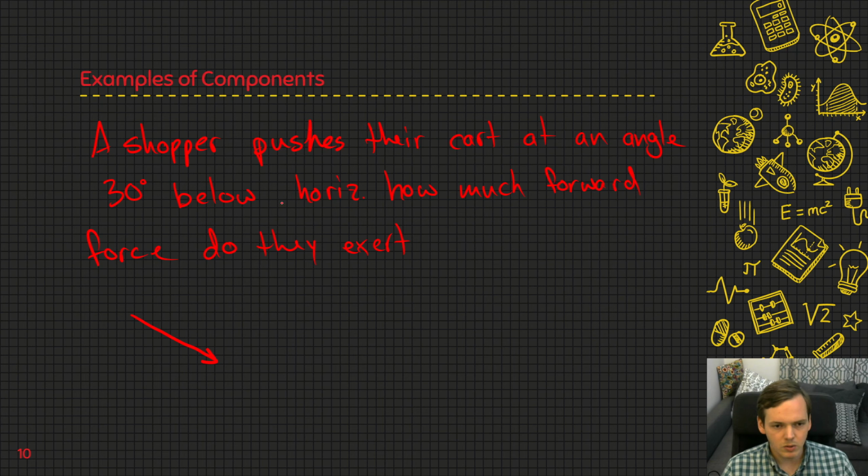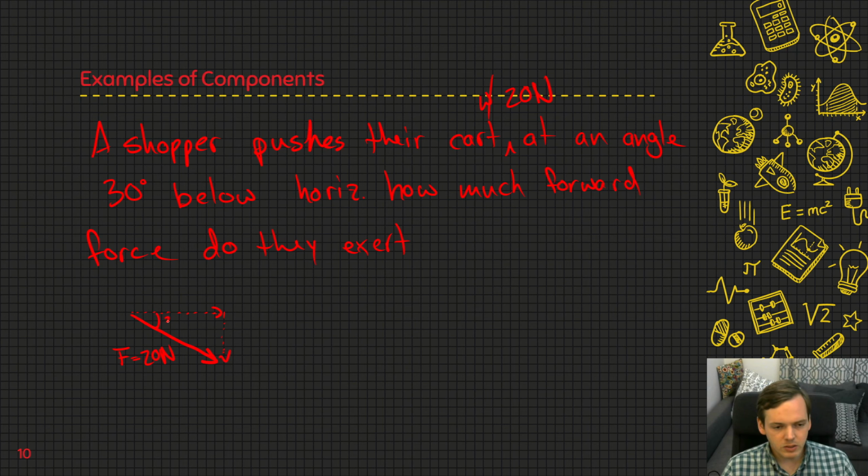We need to find the force. They push their cart with, we'll say, 20 newtons at an angle of 30 degrees. So we've got force equals 20 newtons. We want to find the horizontal component here.